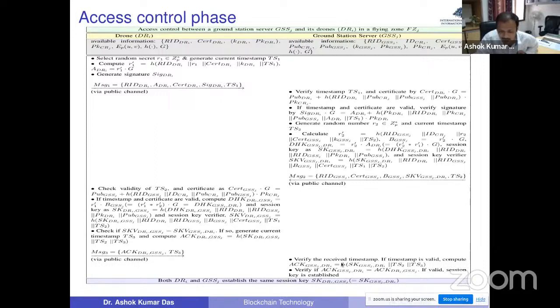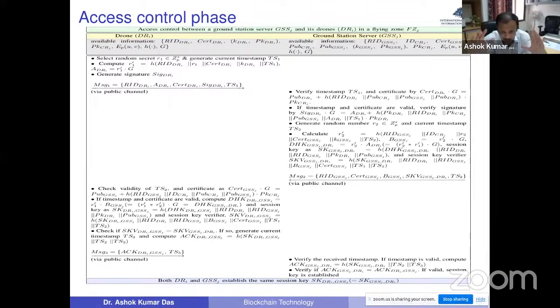So finally, what will the GSS do? It will verify whether the timestamp is valid or not. If the timestamp is valid, it will compute the acknowledgement using the previously computed session key. And if both acknowledgements, this computed acknowledgement and the sent acknowledgement, are the same, then it will ensure that both parties, drone and ground station server, have created the same session key.